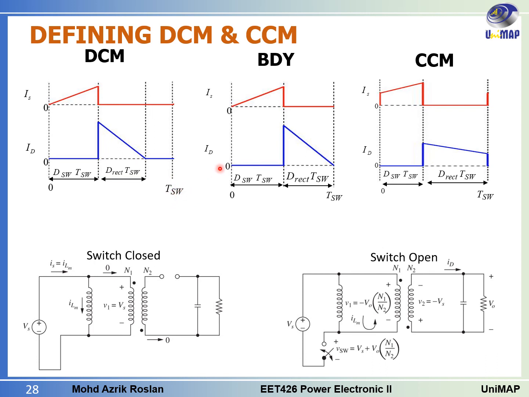And then for the boundary condition, the diode current will reach 0 exactly at the switching time here.